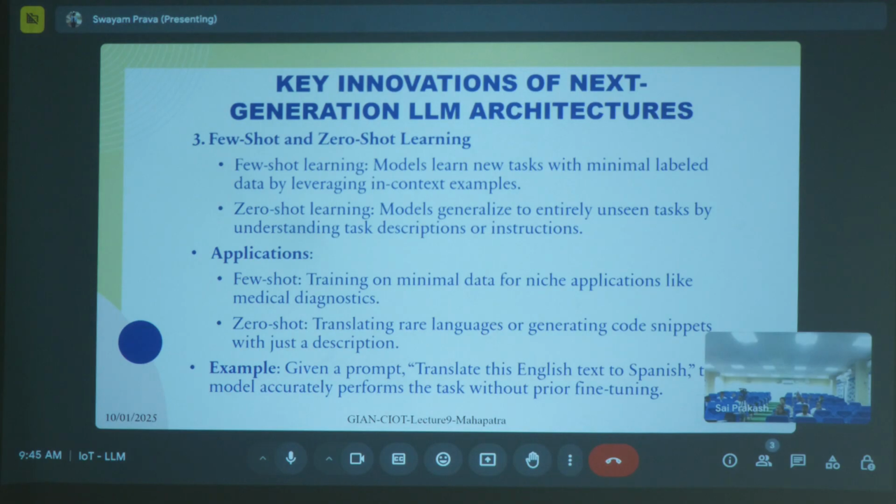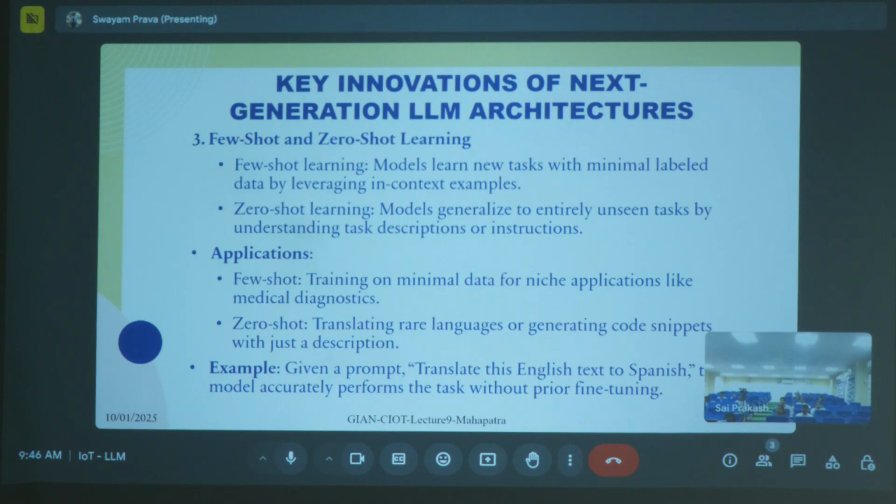And in zero-shot learning, models generalize to entirely unseen tasks by understanding task descriptions or instructions. So again, quickly I'll just say few-shot learning is we give them a couple of examples and then the model tries to give the answer.